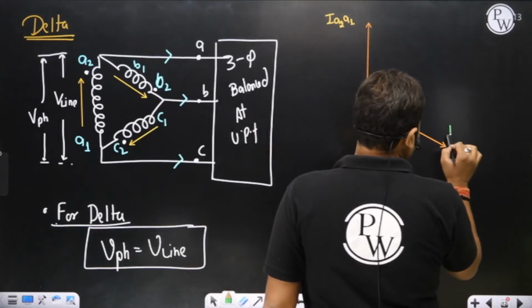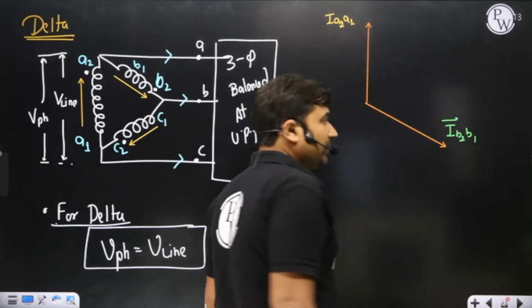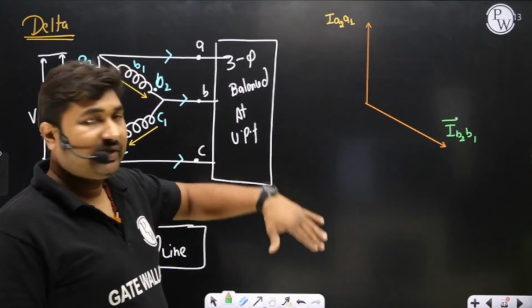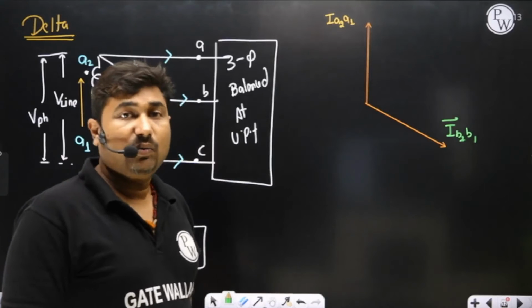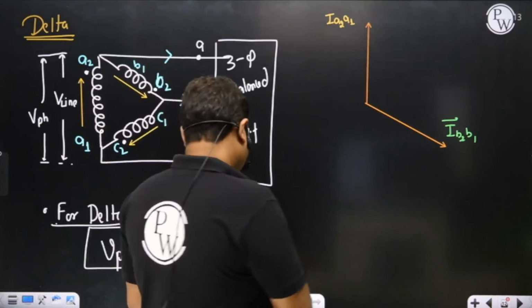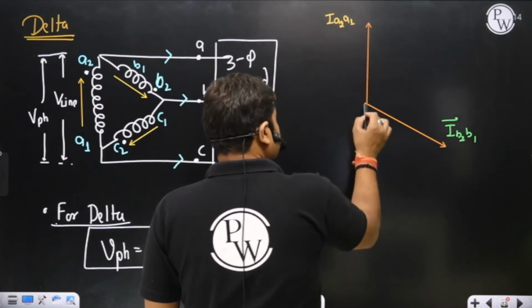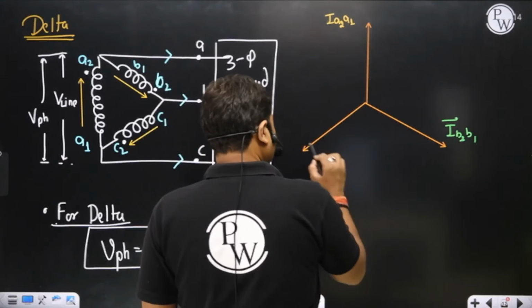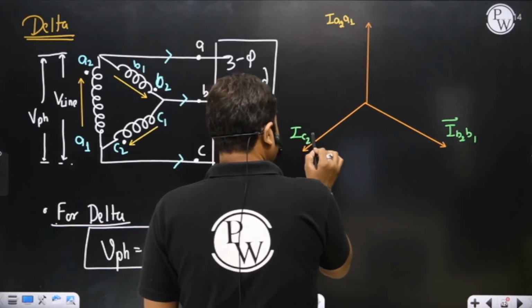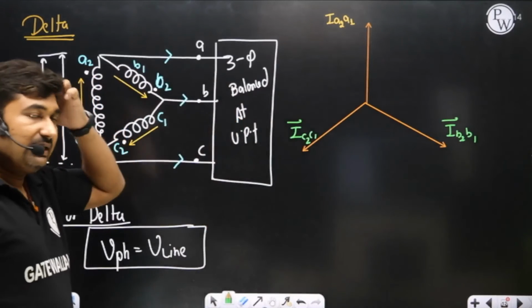Since voltage is displaced 120 degrees from A phase voltage, current IB2B1 is also displaced 120 degrees in time from A2A1 current. Similarly, IC2C1 can be represented here. Can I represent it in this way? Yes, sir.